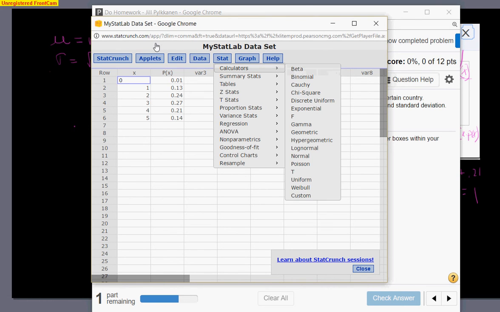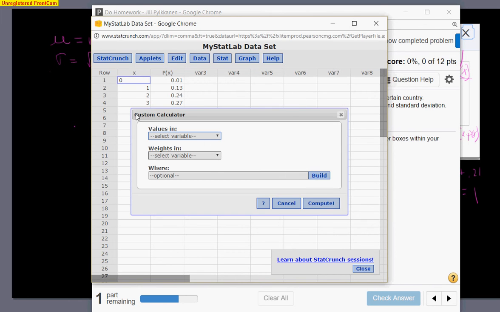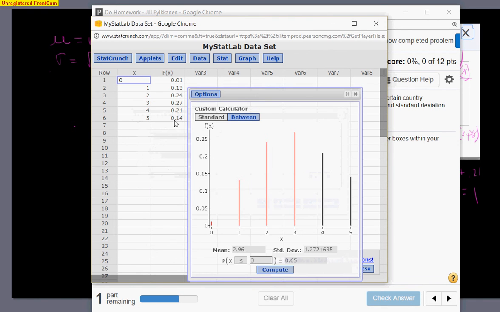We're going to click on Calculators, scrolling down to Custom. And then we are going to select values in X. X is always the values, the number of television sets. X equals 4 is the probability of having 4 television sets. So our weights are always the probabilities. Okay? I'm just going to go ahead and compute that.